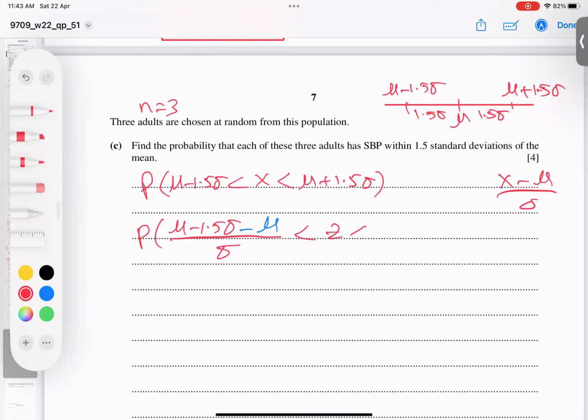I hope you got the idea. This X value, I write minus mean and divided by deviation. Now the mu cancels out, and afterwards on this side the mu and sigma cancel out. Same approach there. And I get what, students? Negative 1.5.